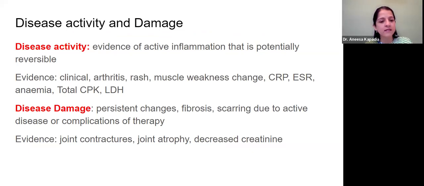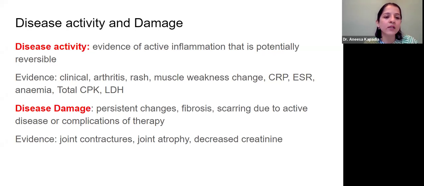If anyone has ever seen a rheumatologist talking to their patients, these words may have come up. So disease activity basically means that the organ is still actively inflamed. For example, in muscle, there will be active inflammation, but this is potentially reversible. So this is a good thing, that we can give medicines, immunosuppression, and reverse it.